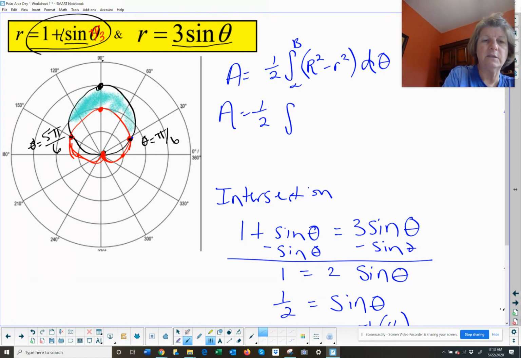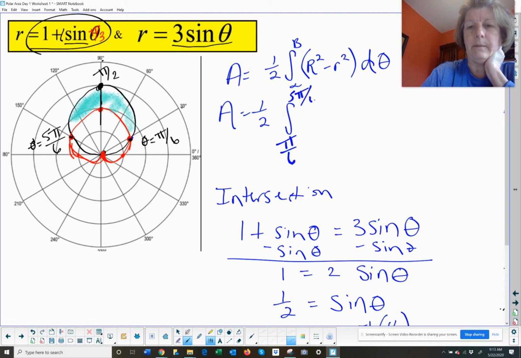Of course, I could use symmetry too and just go with half and double, so I could stop at pi over 2 if I wanted. I'm going to do just the full sweep from pi over 6 to 5 pi over 6. Big R is my outermost segment, right? Stretching all the way out, there's big R, and that is the circle formula.